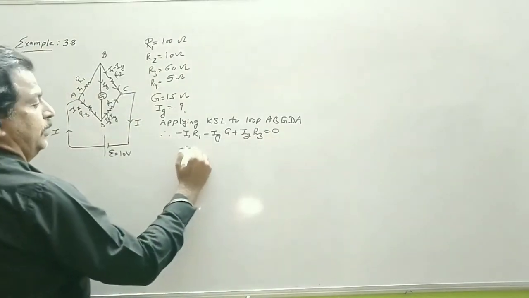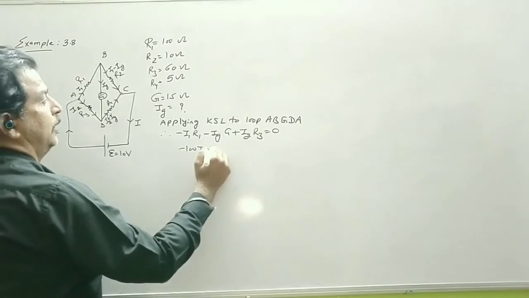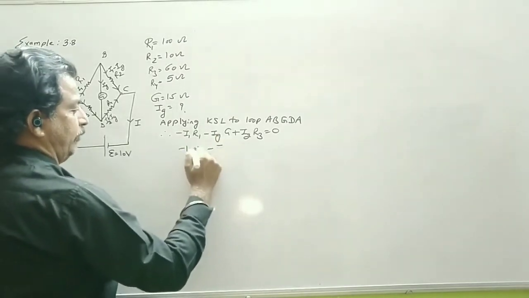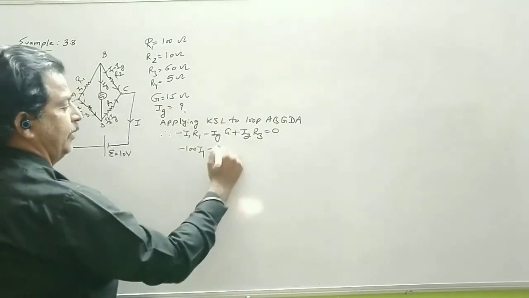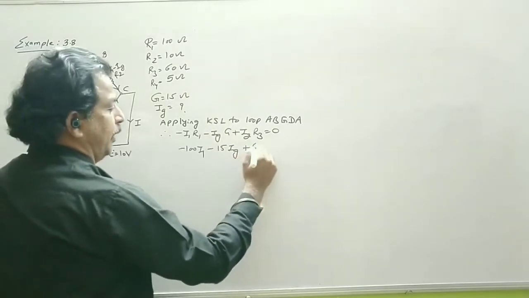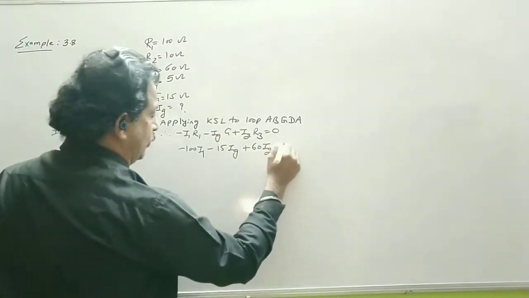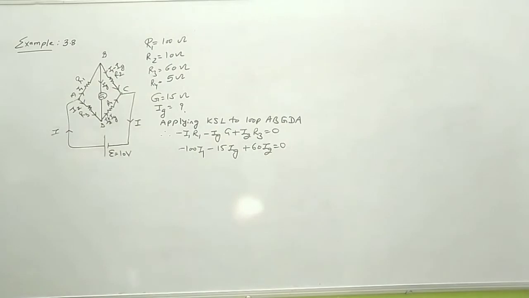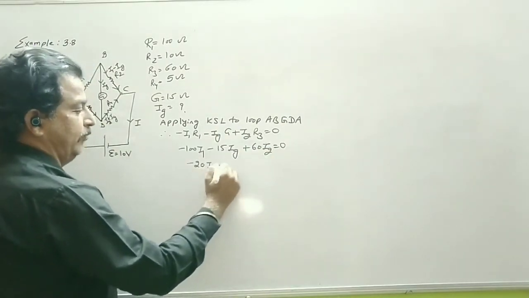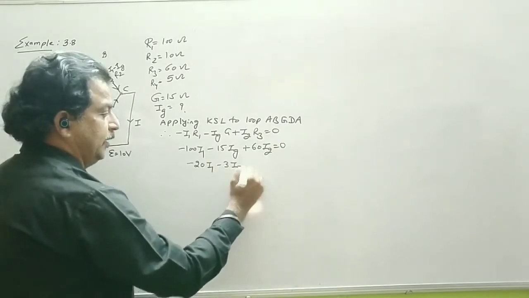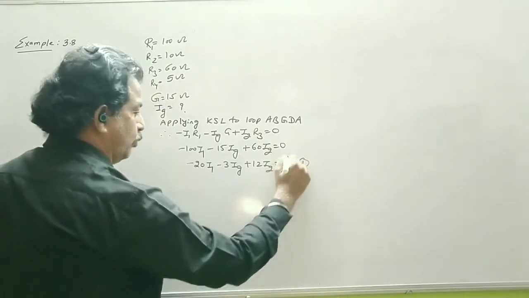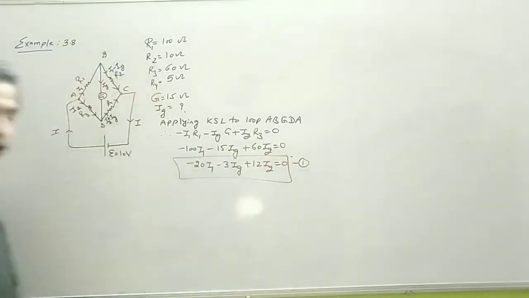Substitute the values: minus 100 times I1 minus IG, since IG is unknown to us and we have to find it out, and the value of G is 15, so minus 15 IG, plus R3, which is 60, so plus 60 I2 is equal to 0. Dividing this equation by 5, we find minus 20 I1 minus 3 IG plus 12 I2 is equal to 0. So this is our equation number 1.